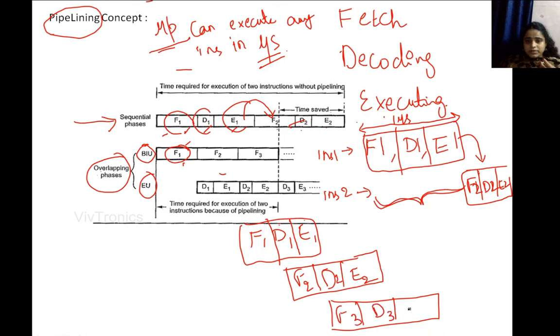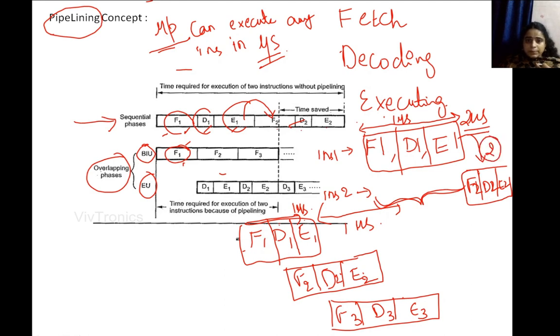F3, D3, E3. Okay, so like this you can see here, if the time is 1 microsecond here, you can see 1, 2, 3 again from here. So from here to here is 2 microseconds. So you can clearly see without pipeline, in 2 microseconds we are able to execute 2 instructions only.